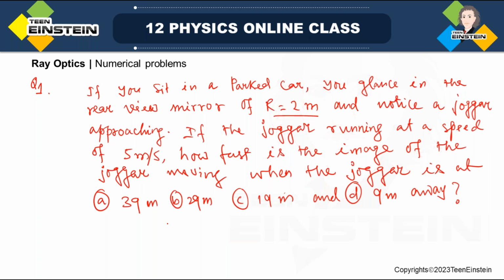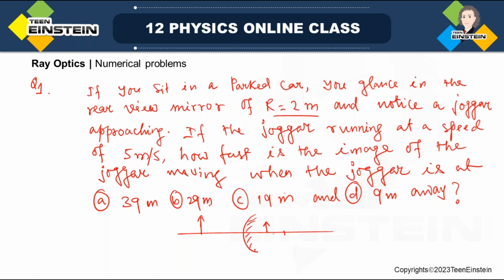The rear view mirror is actually a convex mirror, and in this case the image will always be virtual. If this is the focus, the image generally lies between pole and focus. Now the object, the jogger, is somewhere here.